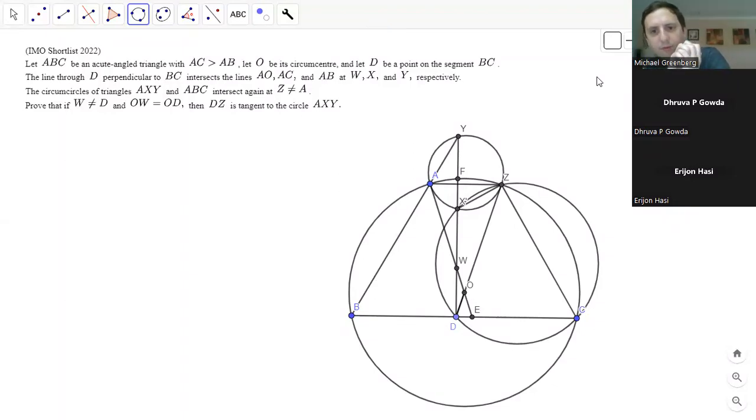We didn't even show, I don't think, that OA is tangent. Well, I guess we're kind of trying to show that both are tangent. But yeah, we have to show A, X and C are collinear. It feels like it shouldn't be that hard, but it is.